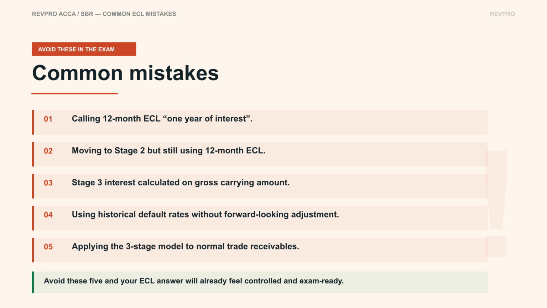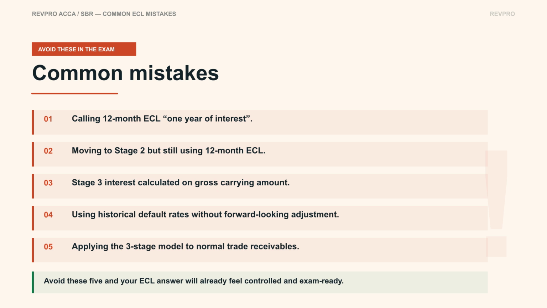Moving to stage 3 but still calculating interest on the gross carrying amount. Stage 3 interest is on the net amount. Mistake 4. Using historical default rates without adjusting for forward-looking information. Mistake 5. Applying the 3-stage model to normal trade receivables when the simplified approach normally applies. If you avoid these 5 mistakes, your answer already looks much more professional.